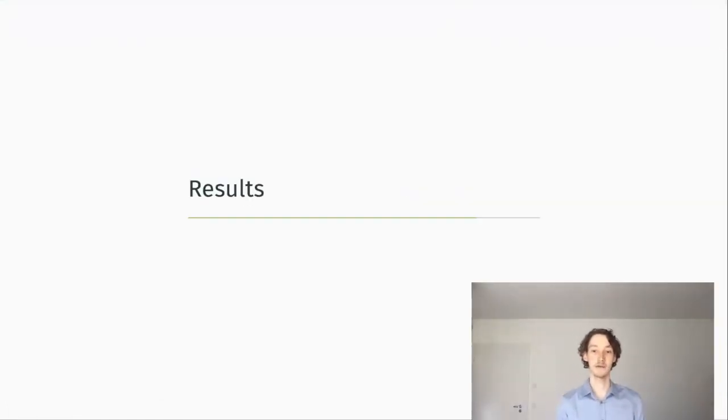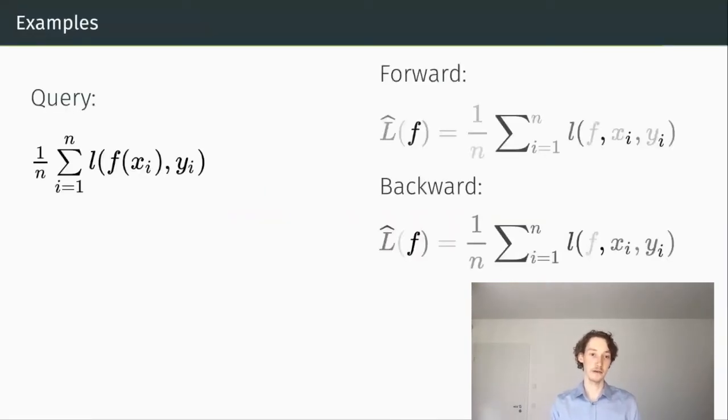All right, I want to show you some results. We always query the equation on the left, and then we show you the nearest neighbor in the data, visualized by the forward and by the backward method. So we start with the empirical risk function, and we see that the result is also an empirical risk.